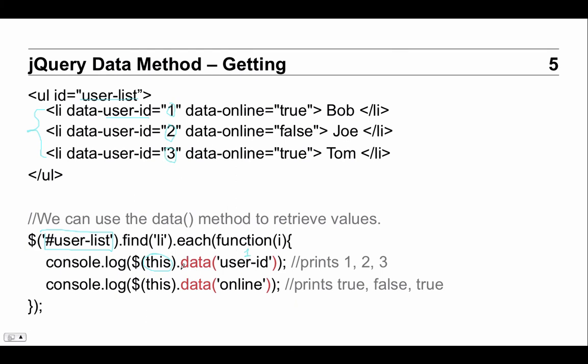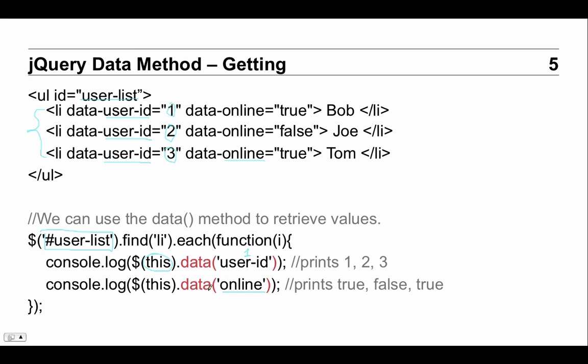So again, we simply say .data, and then we just give the name of the data attribute we're looking for. Now, if we wanted to get the value of the online status, instead we can say .data and pass in the string online. So again, everything after this first hyphen, we can leave out the data dash here.